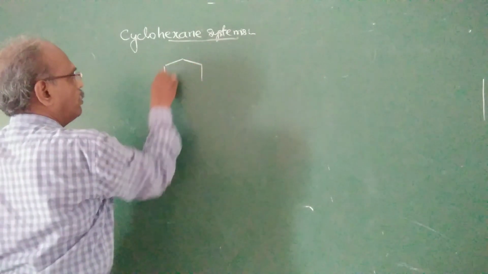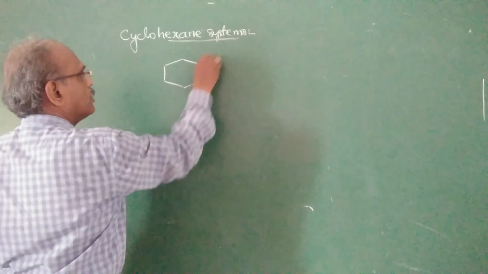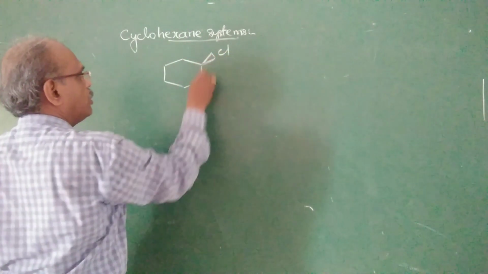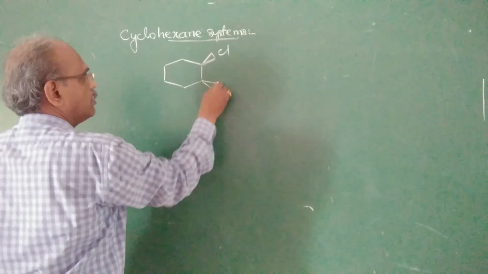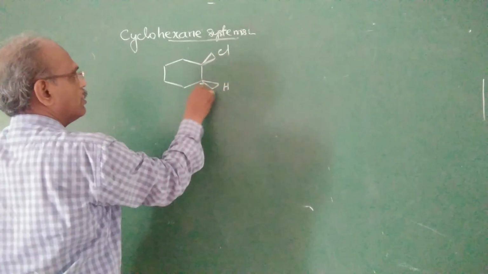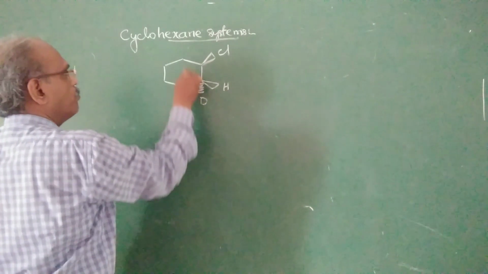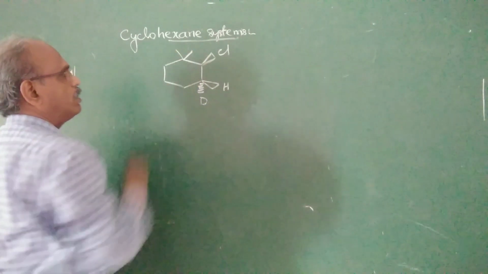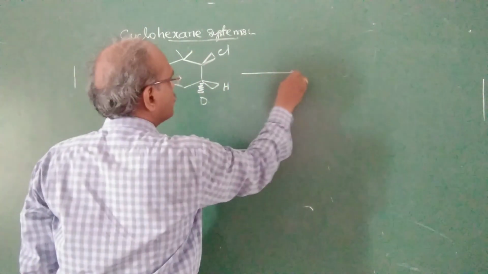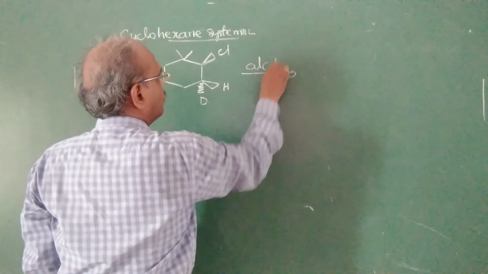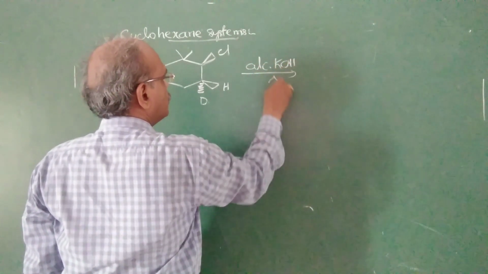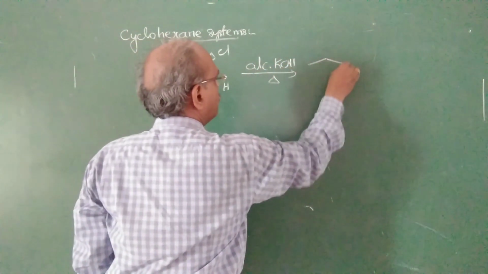For example, if you take Cl above the plane, here H above the plane, deuterium below the plane, and here we have methyl groups. If it is heated with alcoholic KOH, what are the possible products?